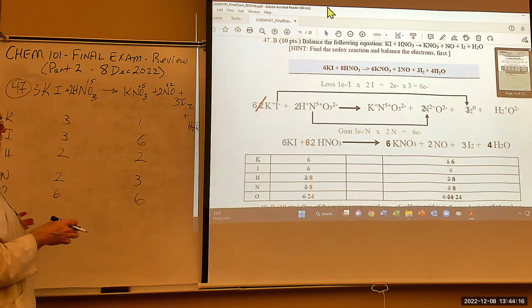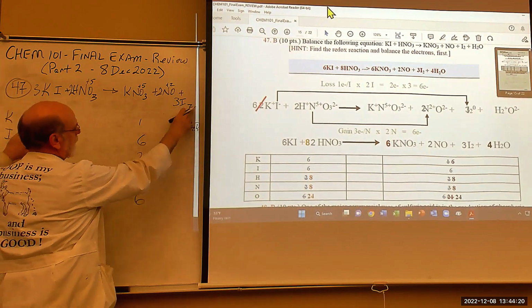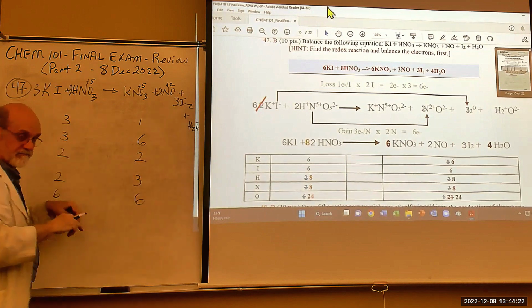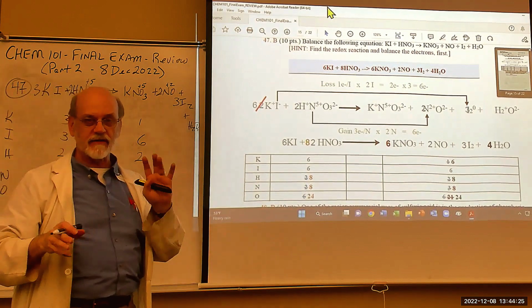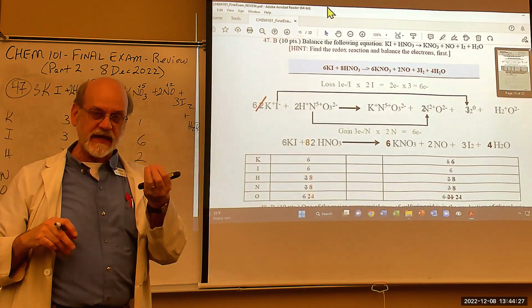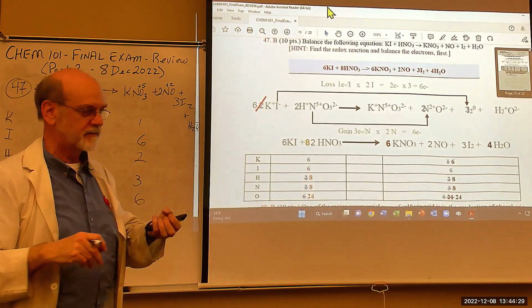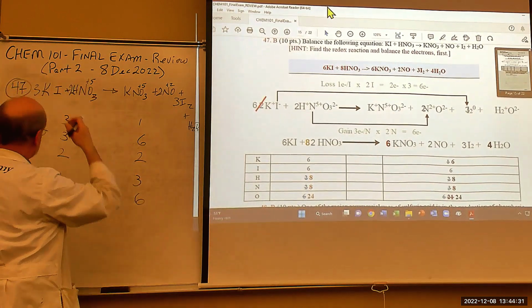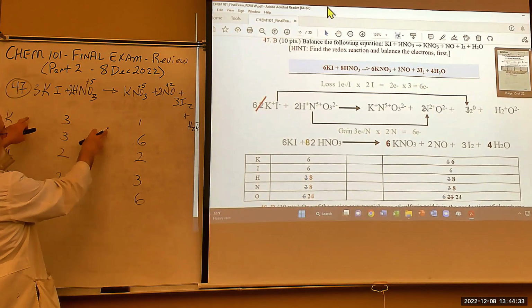So where do we start? Well, we want to leave the iodines alone for now because that's by itself. Right? Any elements on either side of the equation that are by themselves, we leave them to last. How about potassiums?